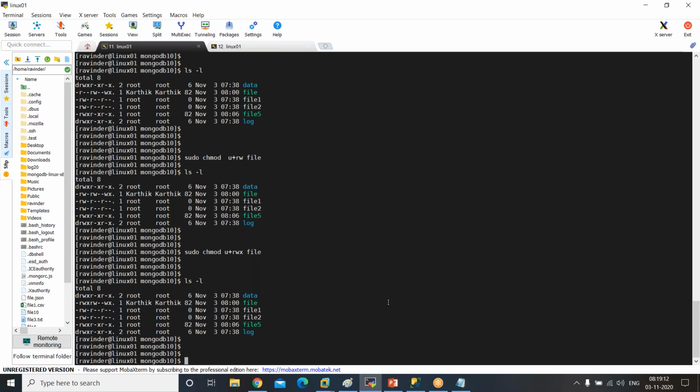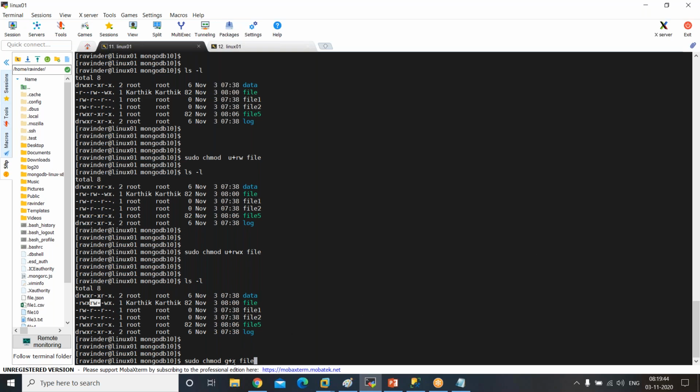If you wanted to give the permission to group, then sudo chmod. This is a symbolic mode. G means group, plus means adding the permission. So what permissions should group have on this file? Group has only read, write.